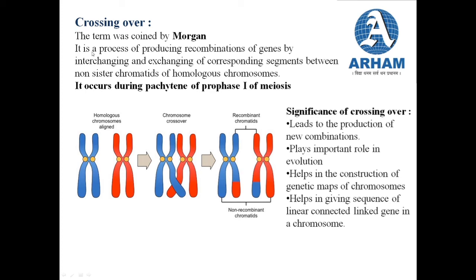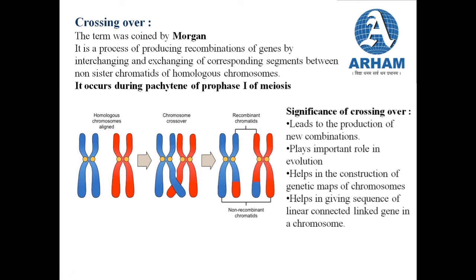Crossing over is the interchanging or exchanging of corresponding segments between non-sister chromatids of homologous chromosomes. It is a process of producing recombination of genes. We will study this in detail. Now this crossing over has a complete mechanism with sequential steps.